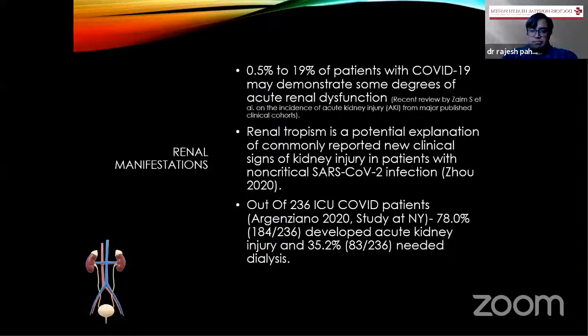Out of 236 ICU COVID patients, 78 developed acute kidney disease, and 35% of the patients needed dialysis, as described in the study conducted in New York on 236 ICU patients.